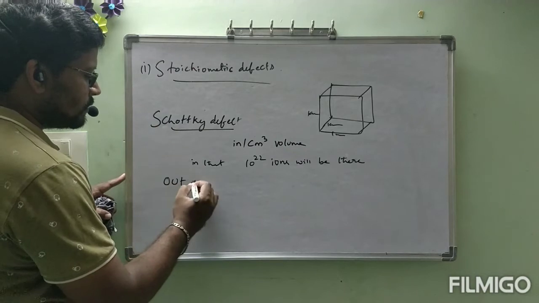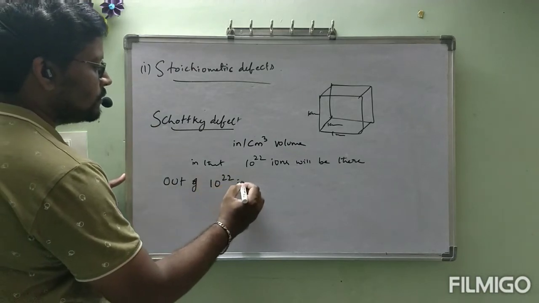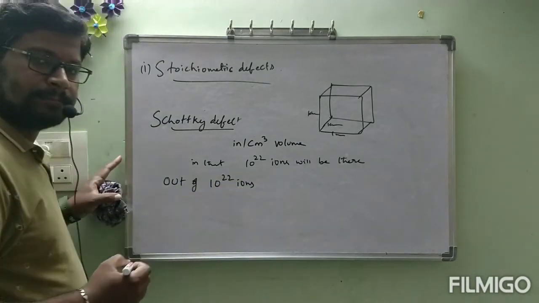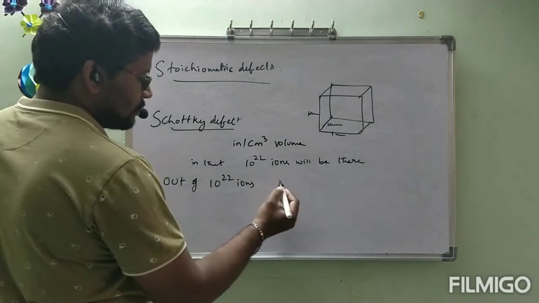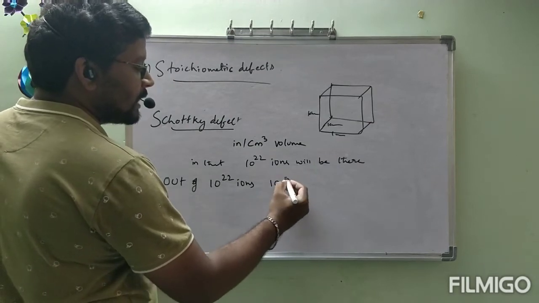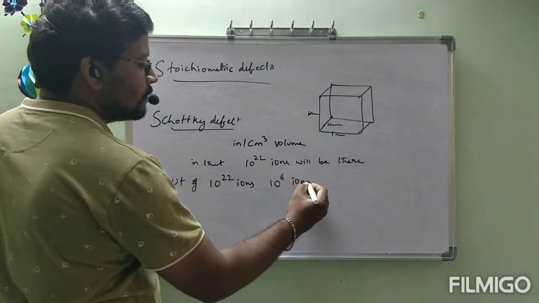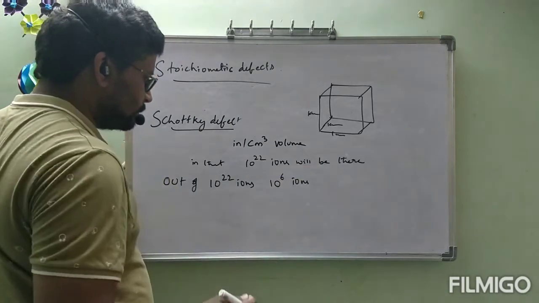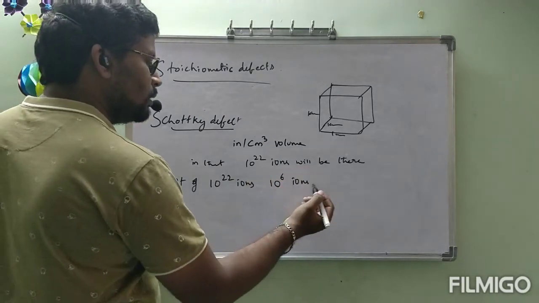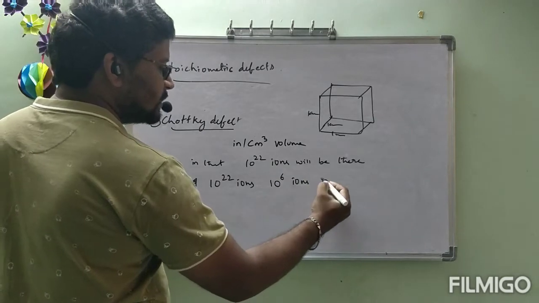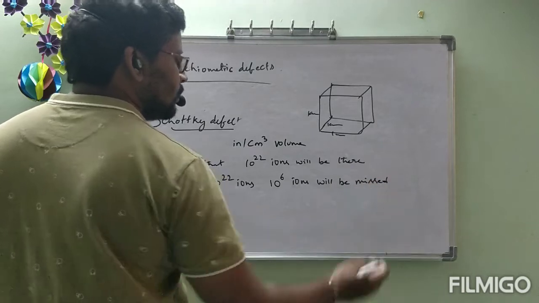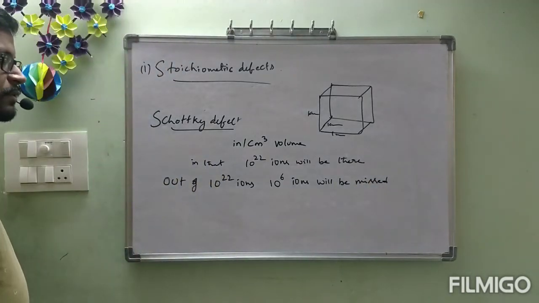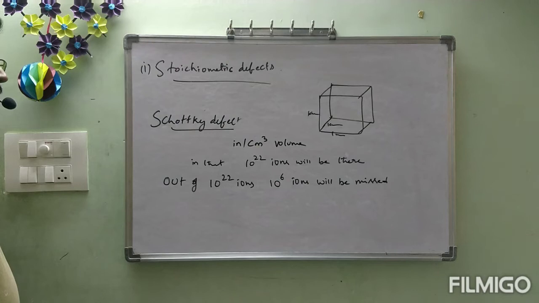Out of 10 power 22 ions, 10 power 6 ions will be missed.